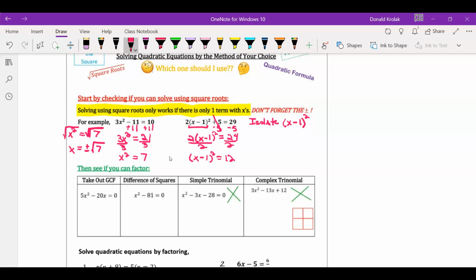I still don't want to multiply this out because that's going to create two terms with x's in them. So what I can do though is take the square root of this now. It's isolated. So once it's isolated, square root both sides.